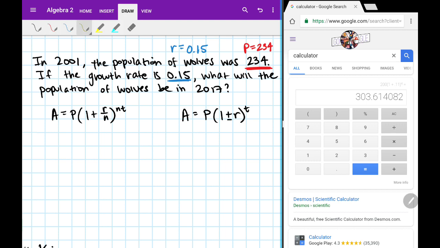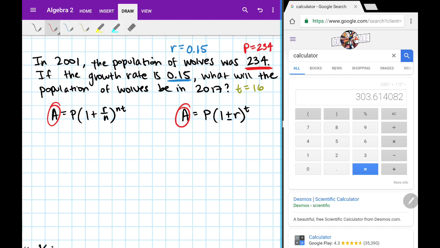Well, that means that the number of years that have passed from 2001 to 2017 is 16. They're basically saying after 16 years, how many wolves do you have? So anytime they're asking us about the population or the amount of money after some number of years, that means we need to solve for A.